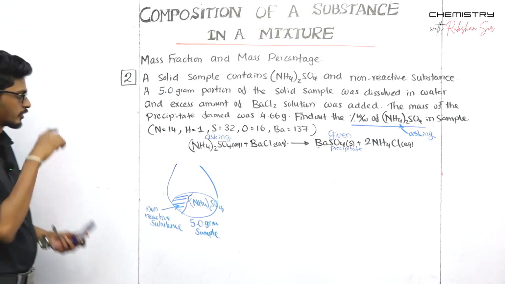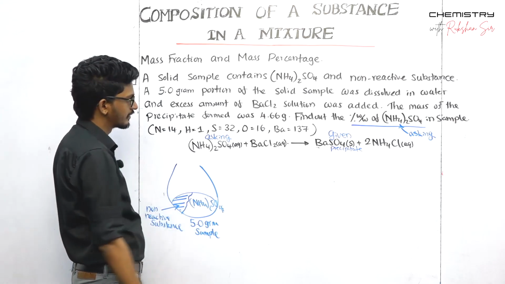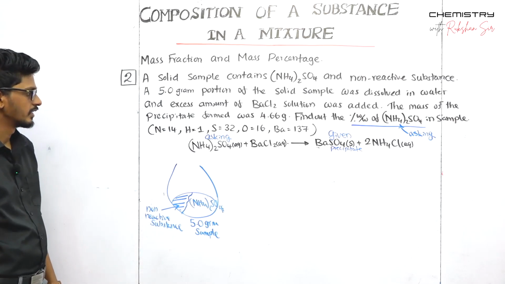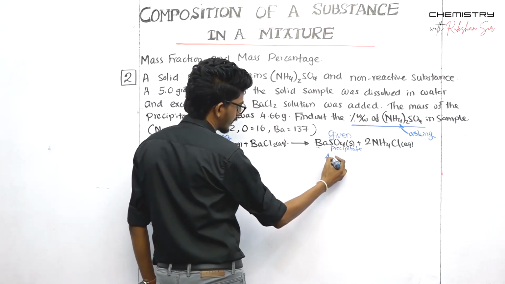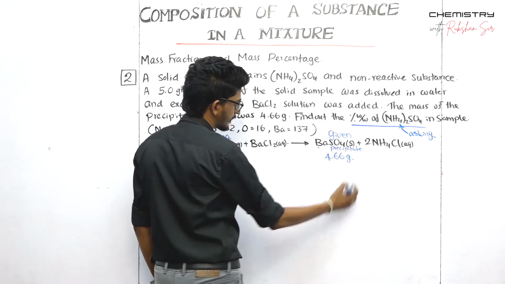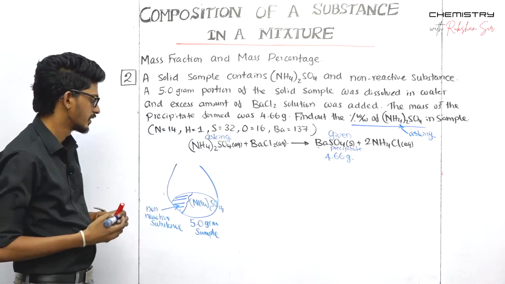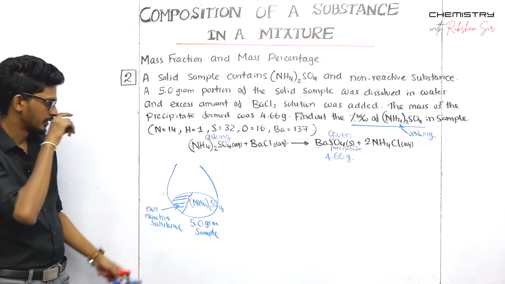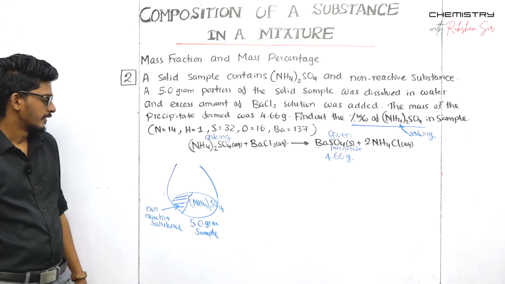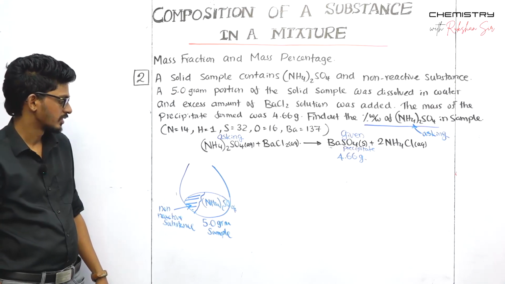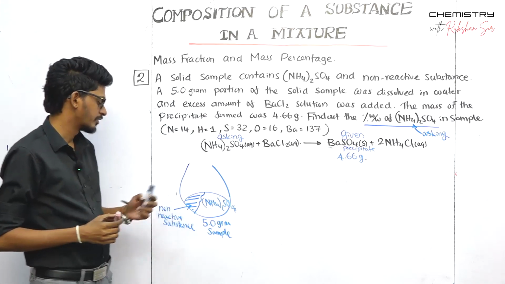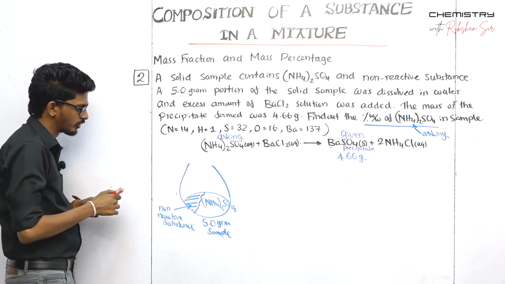Finally, they have got 4.66 grams of precipitate. That is the given data, and what is asked is the ammonium sulfate's weight percentage. So that is the goal.